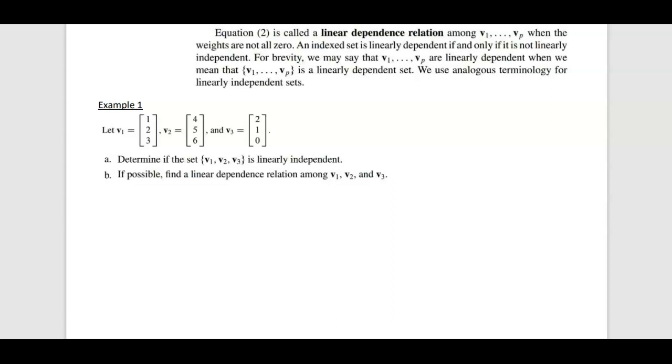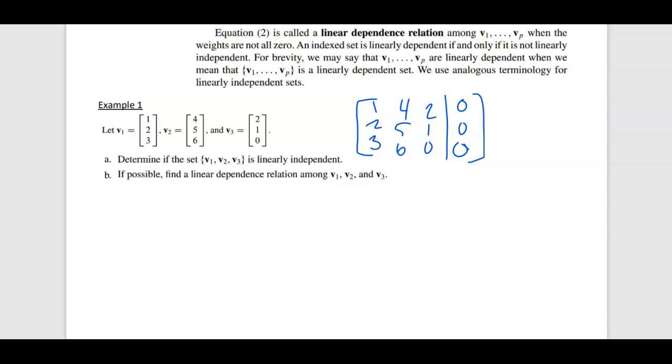Let v1, v2, and v3 be these vectors here and determine if they are independent. Well, let's augment this set of vectors with the 0 vector, and let's see if we end up having any solutions here.